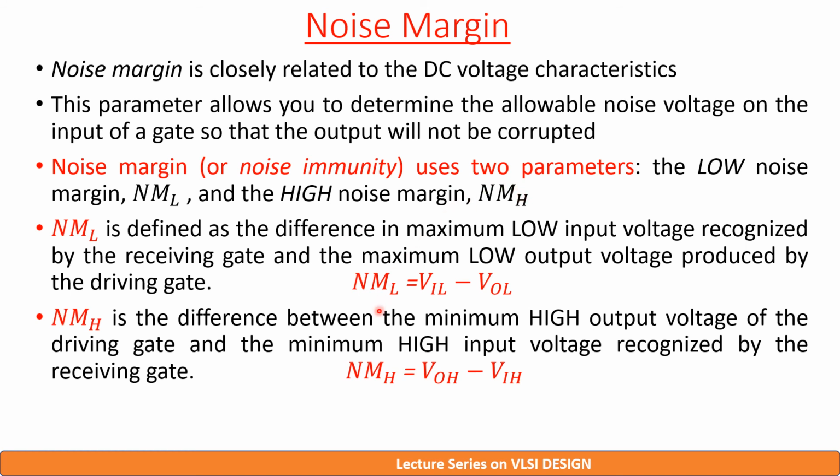Low noise margin is the difference between maximum low input voltage and maximum low output voltage. High noise margin is the difference between minimum high output voltage and minimum high input voltage.